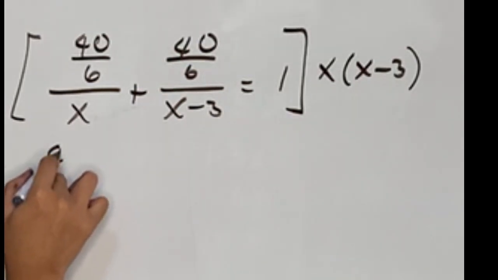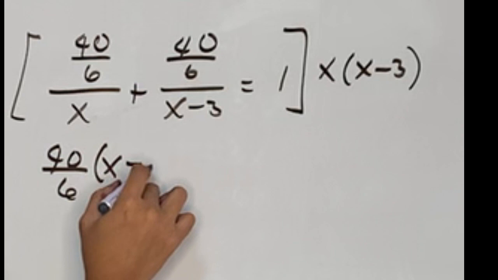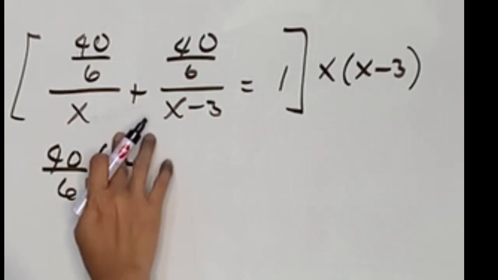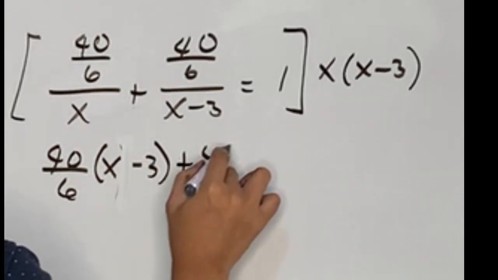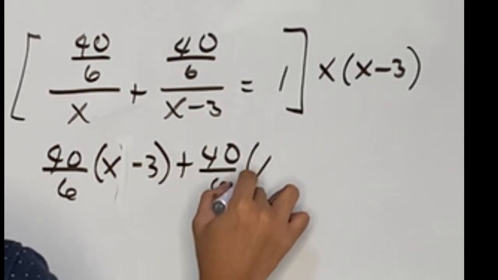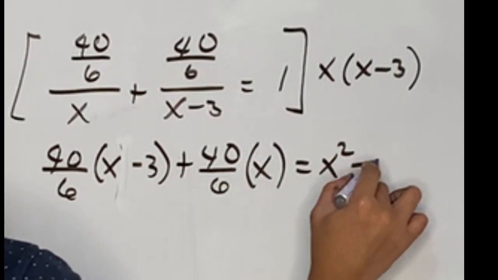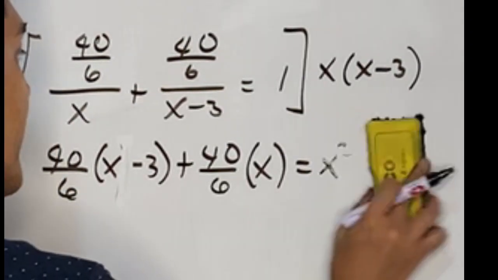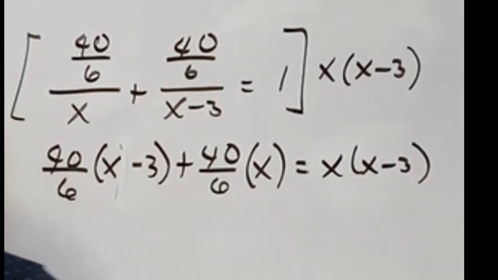So you will have 40 over 6 times x minus 3 plus 40 over 6 times x is equal to x squared minus 3x, or x times x minus 3.